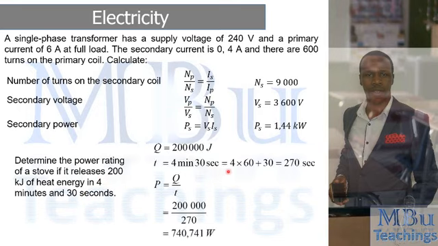Let's quickly change it: multiply by 60, then we add the seconds, so we have 270 seconds in total. We already have our energy here in kilo. So kilo means 1000, so those 3 zeros are from kilojoules. Then we have joules. So let's divide those two, and that is the answer.